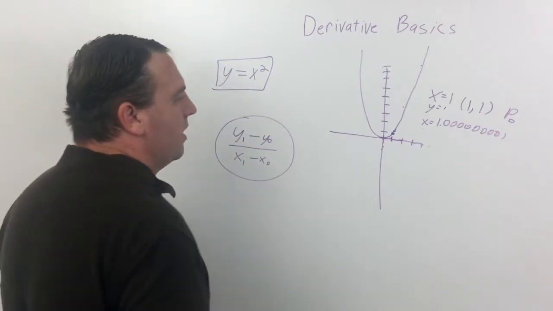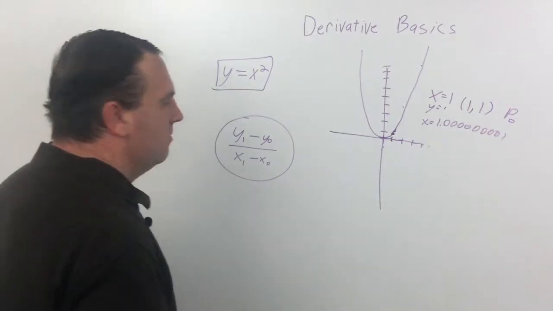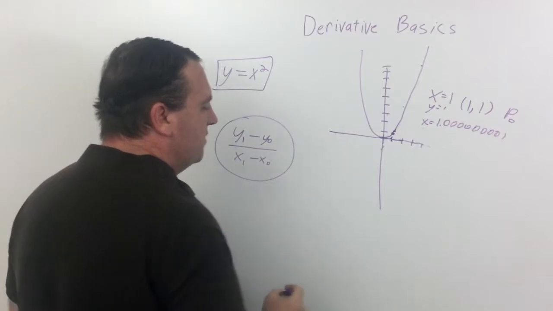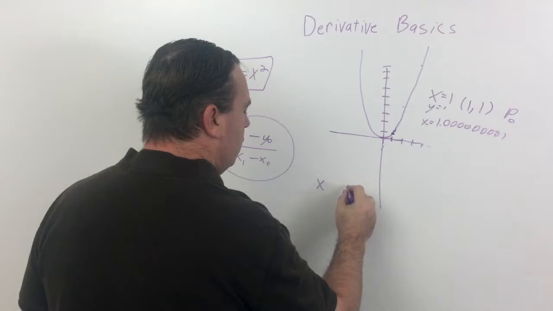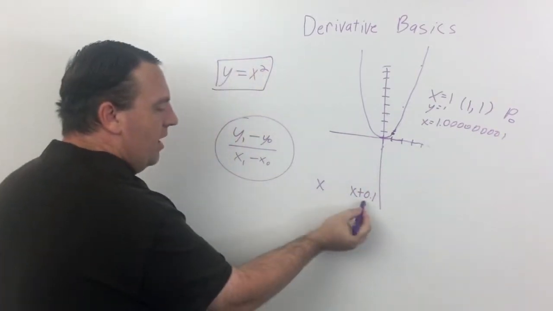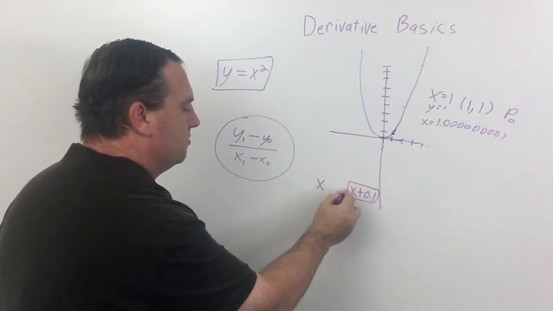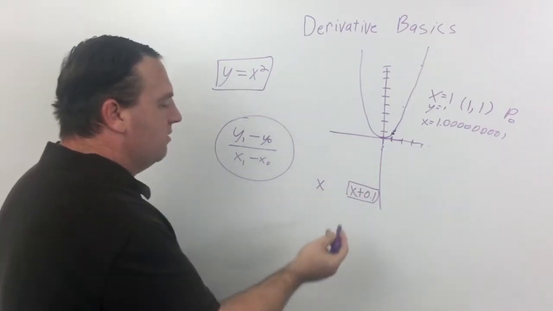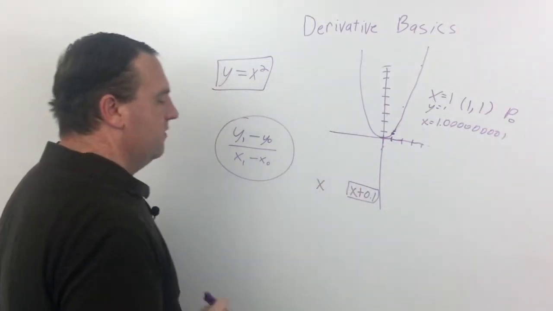So if we have the equation y equals x squared, what we want to know is, given any value x and any value x plus 0.1, because this will be our close by point, so we'll have two points, some x on the graph and x plus 0.1, some x a little bit further.